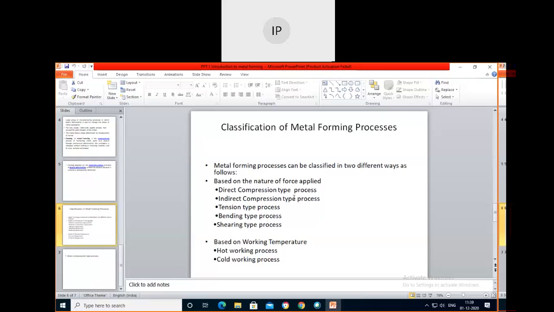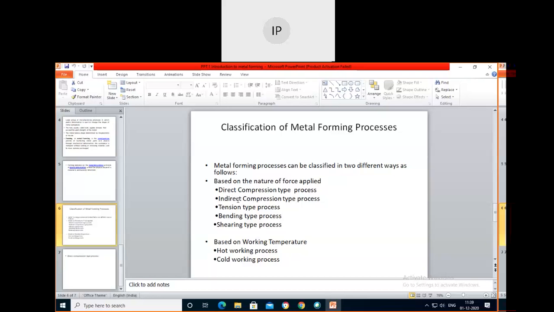That is direct compression type, where the compression force is applied on the surface of the workpiece. Examples are forging and rolling. Also we have the indirect compression type process, wire drawing or extrusion process.